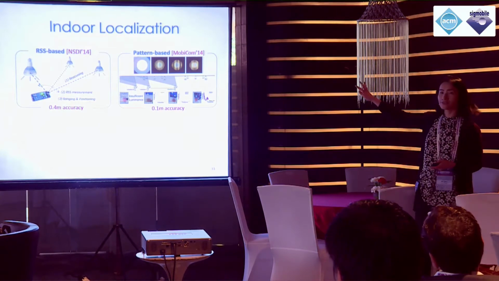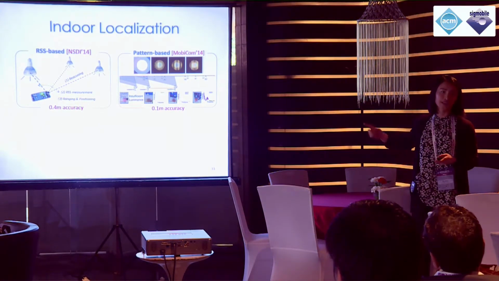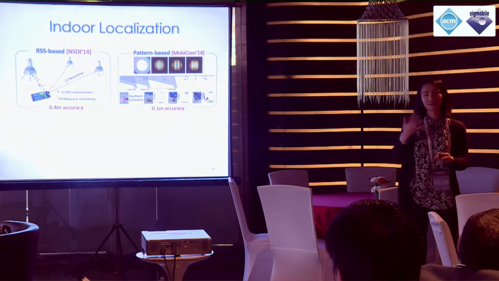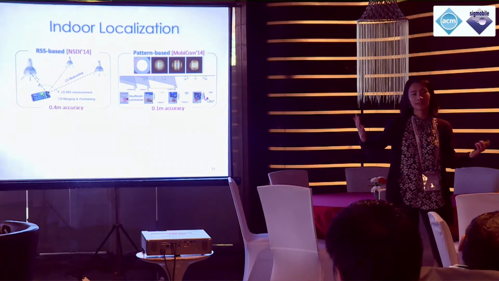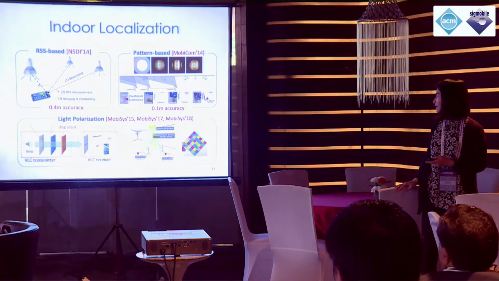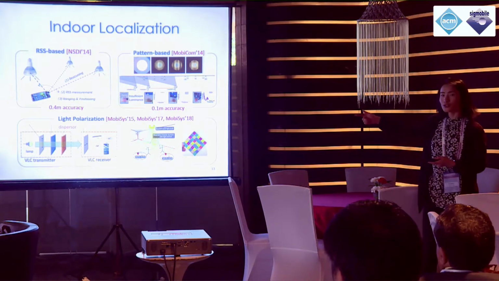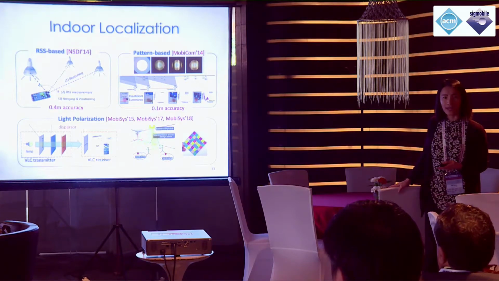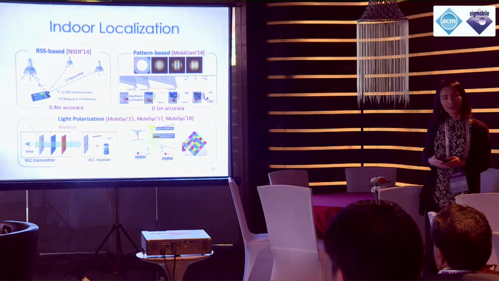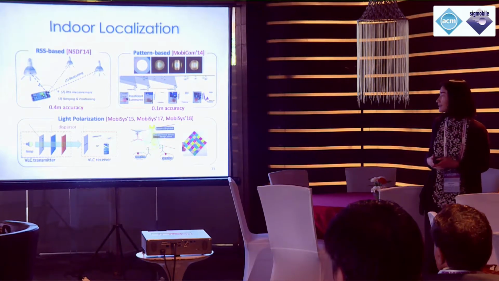So these two are very similar, but they differ in how you encode patterns into each light source so that the receiver can differentiate different light sources and then later do triangulation. And then there are a few papers published in recent years which utilize polarization for localization.